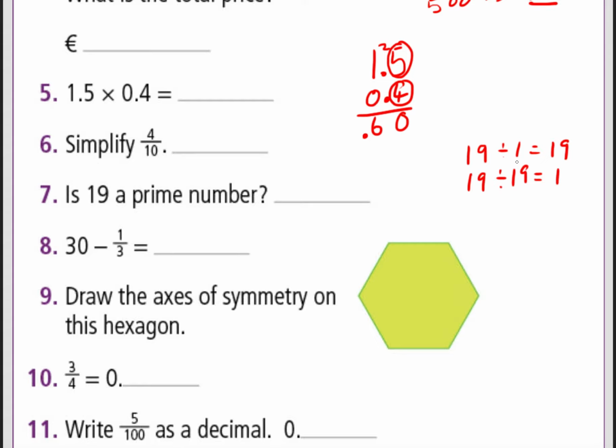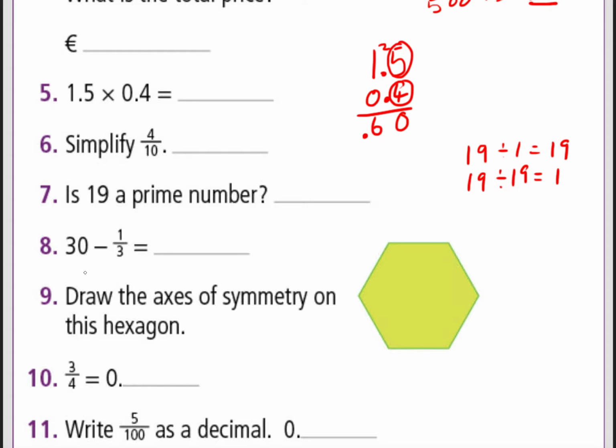If there's any other number you can divide 19 by, that means it's not a prime number. If you can't divide it by any other number, that means that it is a prime number. So you're going to have to try those numbers yourself and see does 19 divide evenly by any number besides itself and 1.